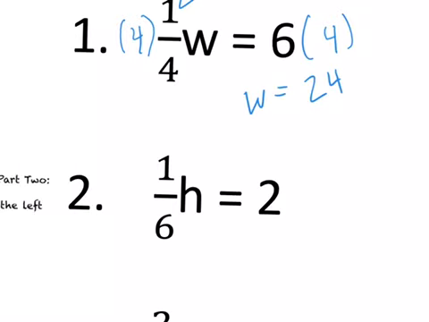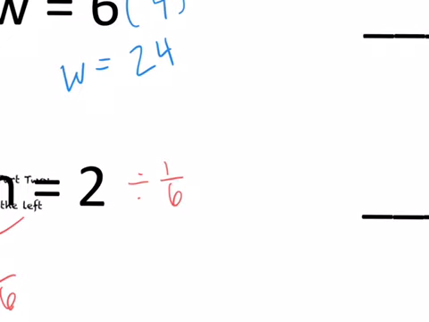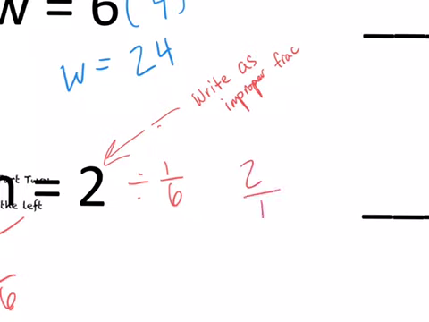So number 2 is 1/6 h equals 2. I'm going to do this one by dividing both sides by 1/6. Here I need to write my whole number as an improper fraction. I do that by writing the number 1 under it, so 2 over 1.